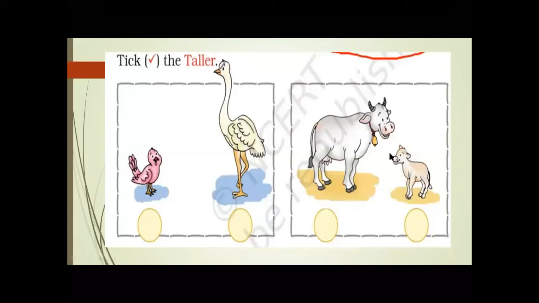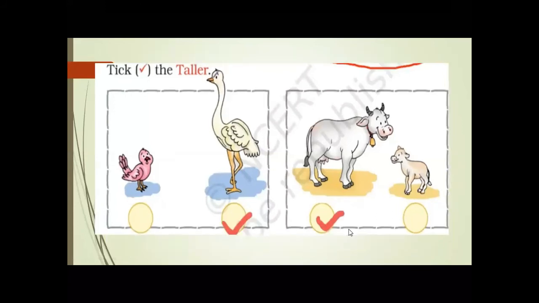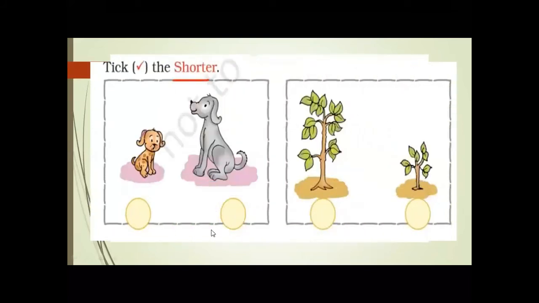Yes, the mother. The cow is taller than her kid. So we have to mark on this cow. Yes, the ostrich is taller than the bird and the cow is taller than her kid.